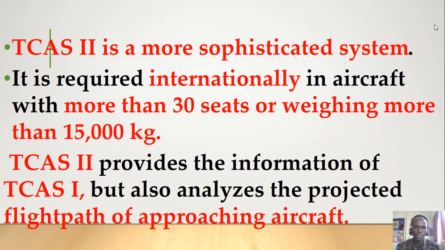So TCAS 2 is a more sophisticated system. It is required internationally in aircraft with more than 30 seats or weighing more than 15,000 kilograms. TCAS 2 provides the information of TCAS 1 but also analyzes the projected flight path of approaching aircraft.